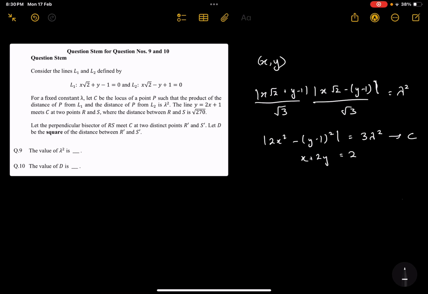So again, we have lambda square is 9. We can write this as 27. Again, substituting this here, we get 2x square minus, now y minus 1, which means 1 minus y equals x by 2.